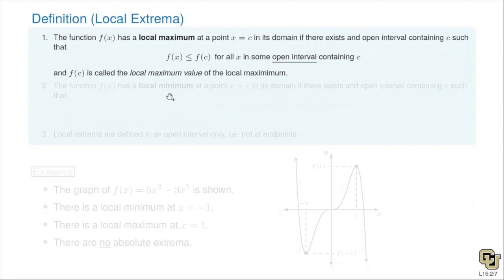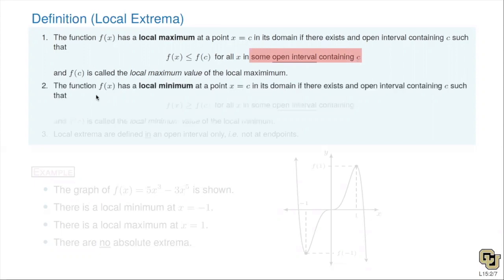I'm going to highlight this again just for emphasis, that it's not for all x in the domain, but for all x in some open interval containing c. That means it's for all x just very close to the left and to the right of c. Similarly, we can define the local minimum.